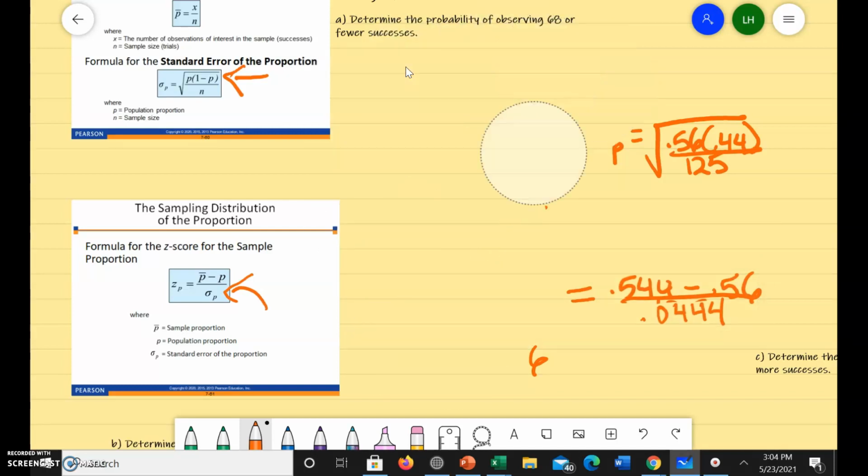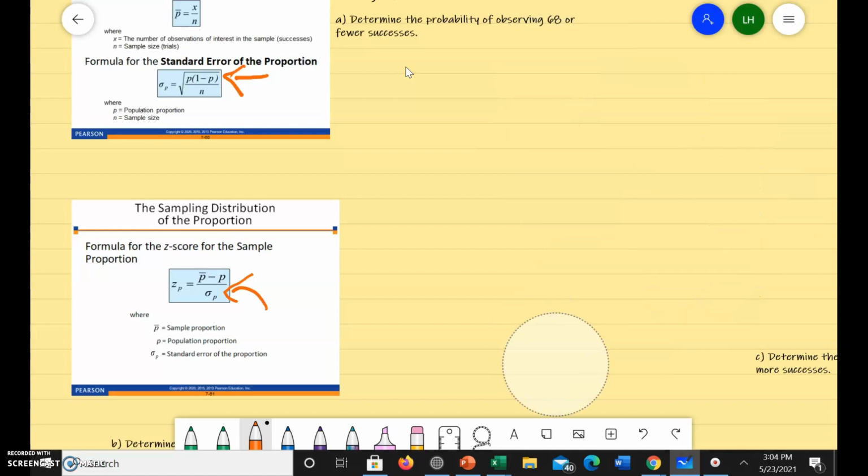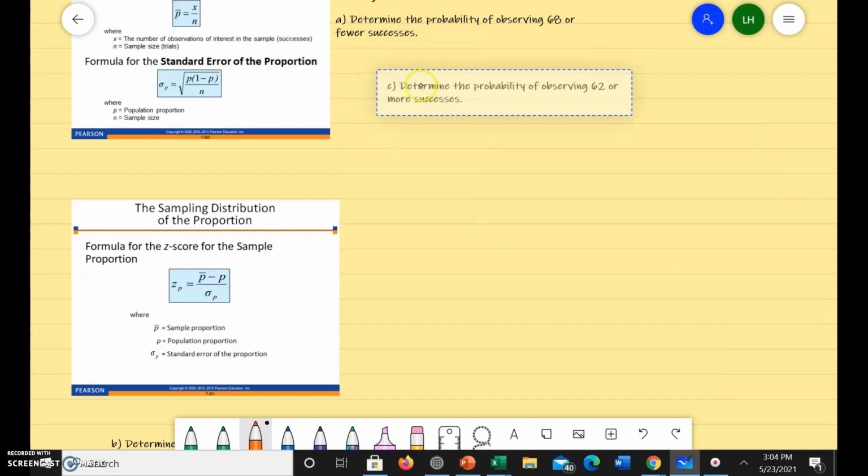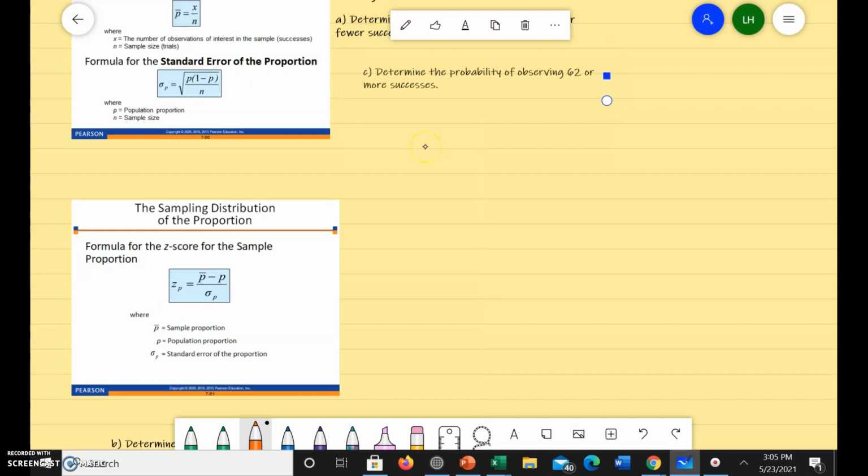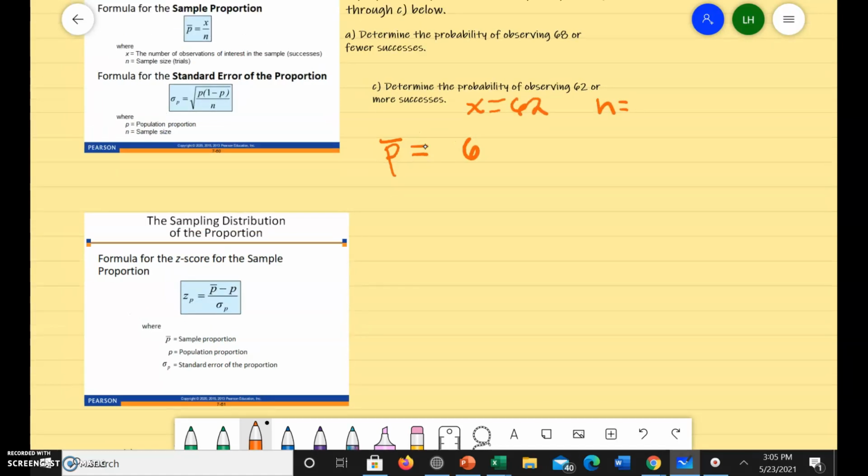But I'm going to skip B because you would work it similar to what we did in A. And I want to go to C, determine observing 62 or more successes. So first we need to calculate our proportion for our sample, which is X, and X here is 62. Of course, N was given to us.